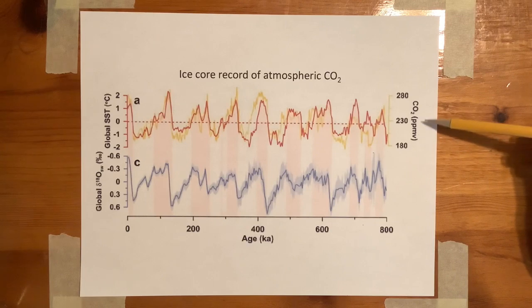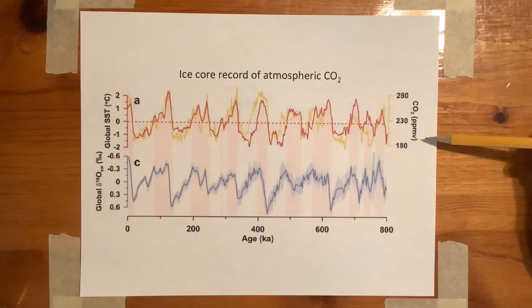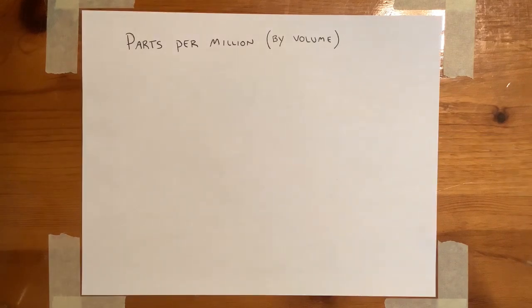So this is a unit of measurement for very small numbers. Parts per million by volume is a convenient way to talk about small amounts of something because it is unitless, by which we mean there's no units like liters or pounds attached to it, because it's simply a ratio.